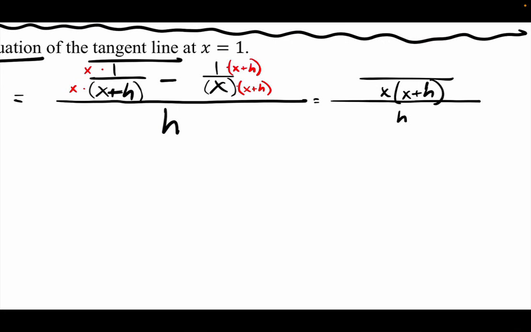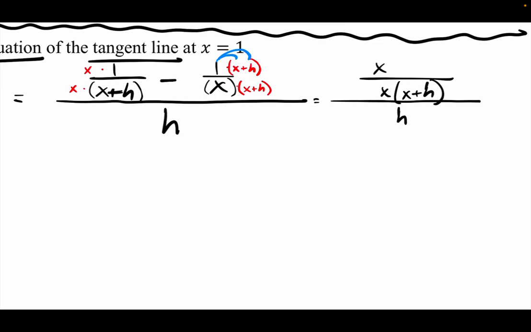Okay. h is still on the bottom. You know the x times x plus h, that's on the bottom of the top fraction. I haven't finished the numerator. x times 1 is x, right? And then I got to distribute here.